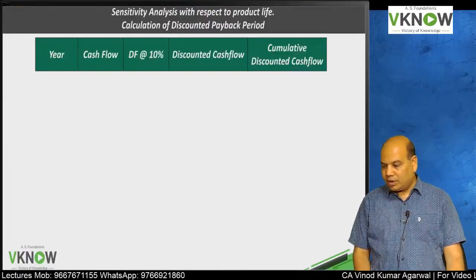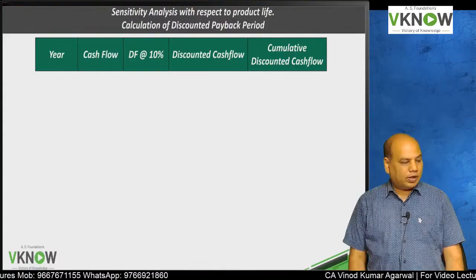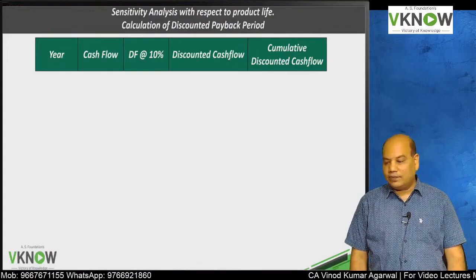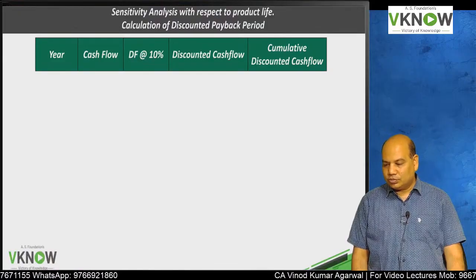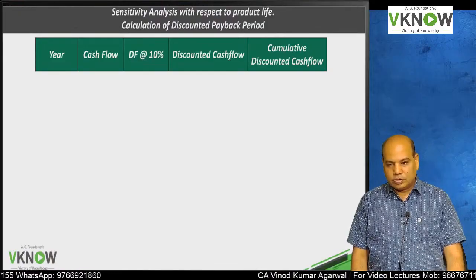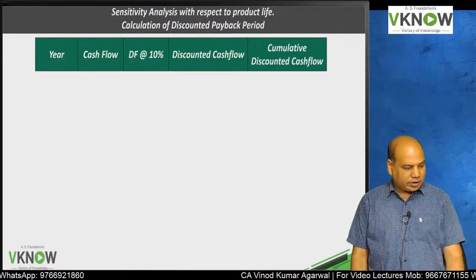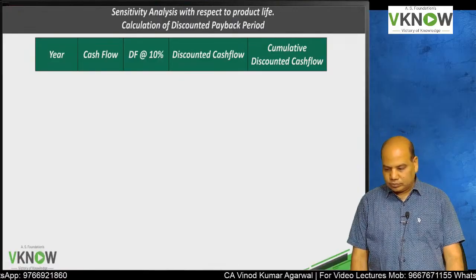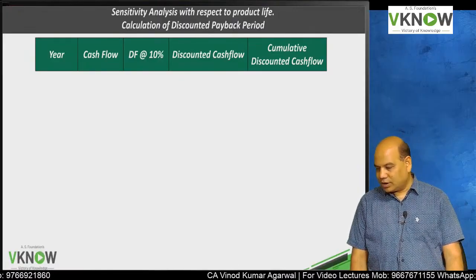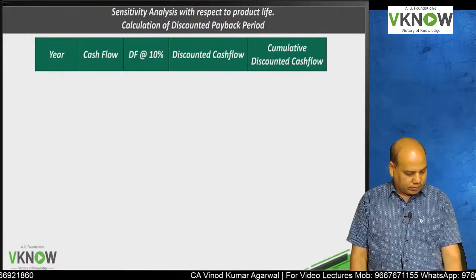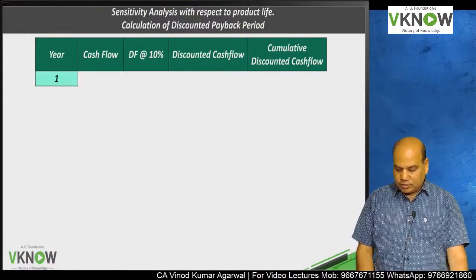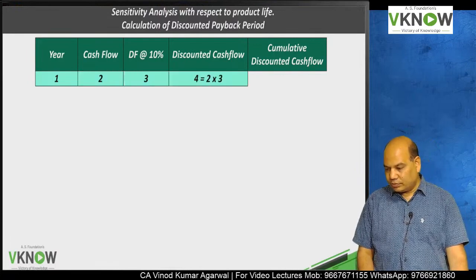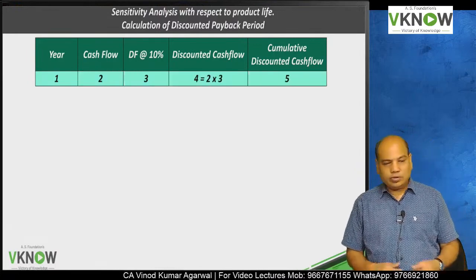Under discounted payback period, we have decided to follow this format: 5 columns, year, cash flow, discounting factor at 10%, discounted cash flow, cumulative discounted cash flow.